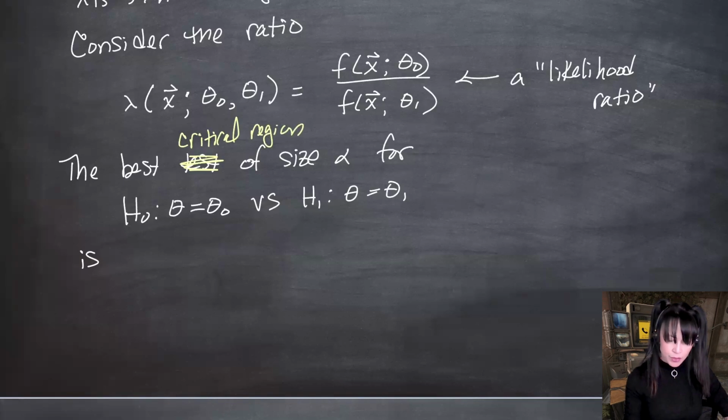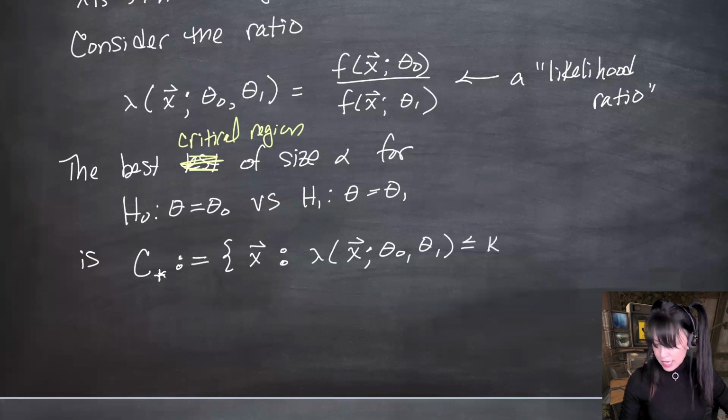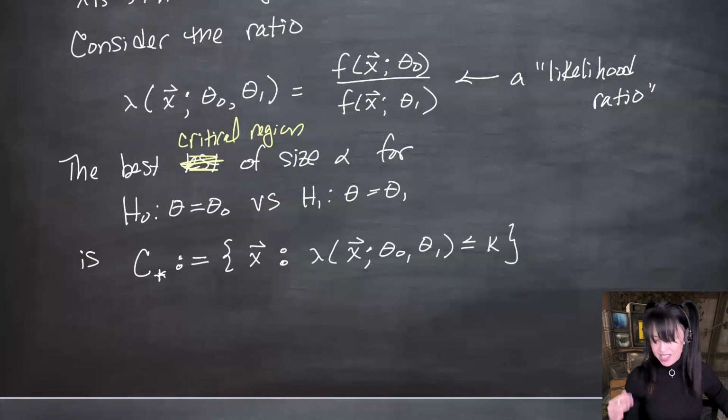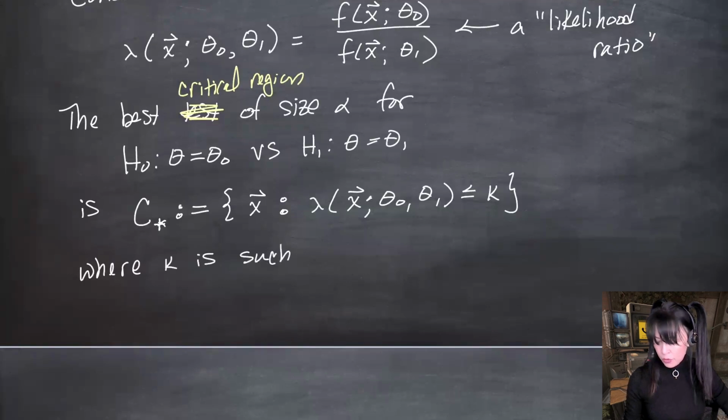So call it a best test if you want to, but it's going to be C star, and it's going to be defined to be all the vectors x for which this likelihood ratio is less than or equal to a constant K, or C, but there's a lot of C's here, where K is such that we have a size alpha test.